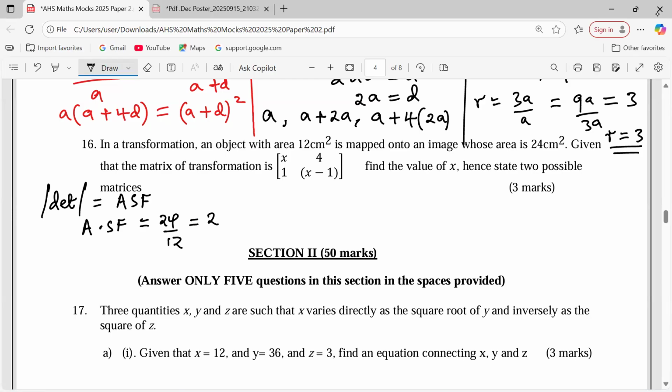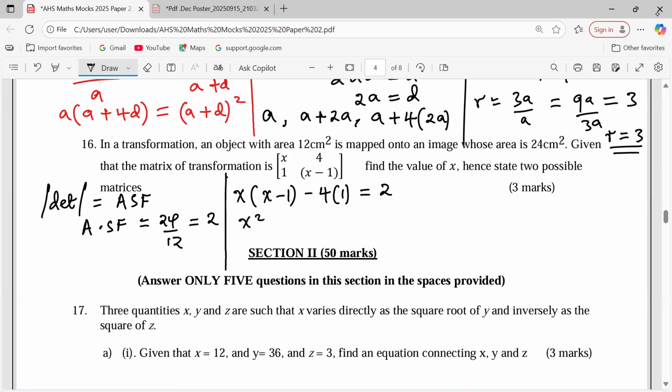This can be equated to the determinant of this matrix. How do we get the determinant of a 2 by 2 matrix? Product of the elements in the leading diagonal minus product of the elements in the other diagonal. So x multiplied by x minus 1, then minus 4 multiplied by 1 should give us the area scale factor, which is our determinant of 2.